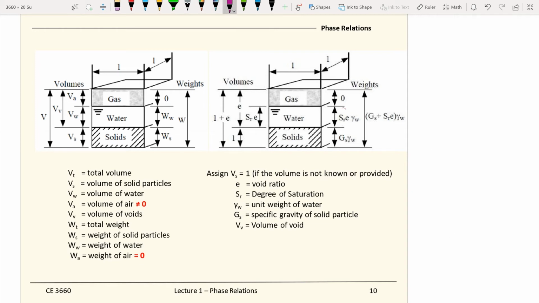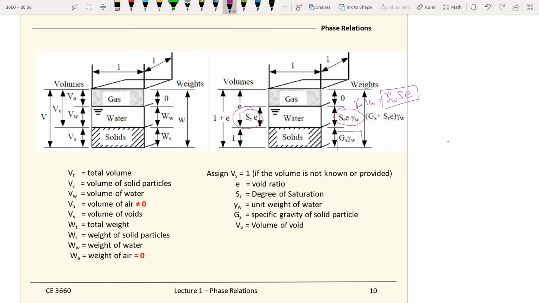So particularly we talk about, at this point, the weight of the water. The previous slide we ended up with gamma W times the volume of water, and the volume of water is further equal to the saturation times the void ratio. So we end up with the weight of water being represented by the unit weight of water times saturation times the void ratio.